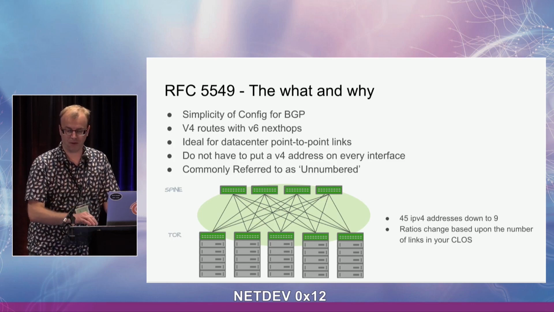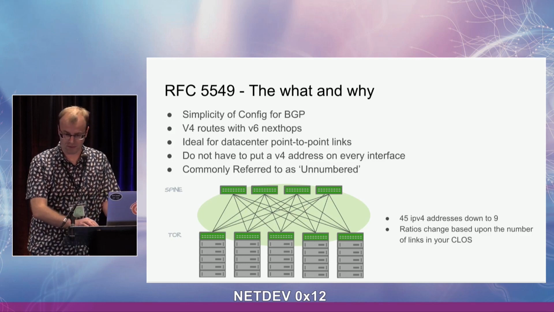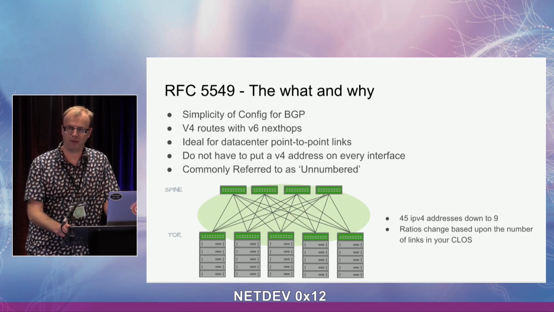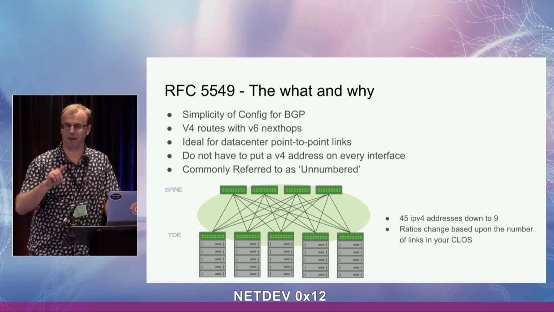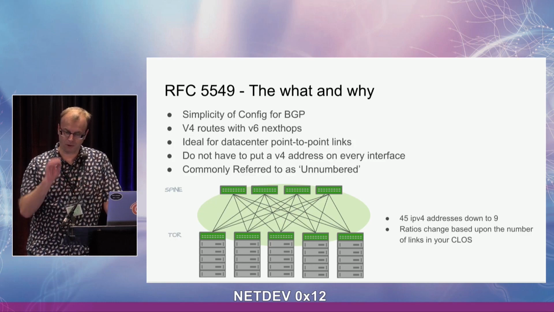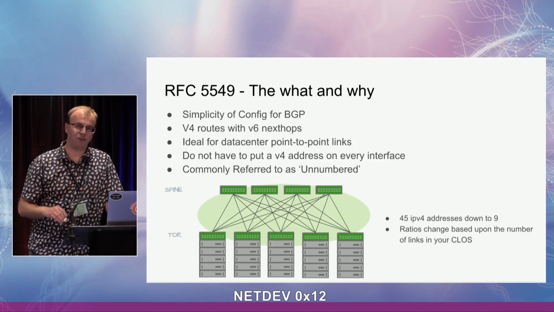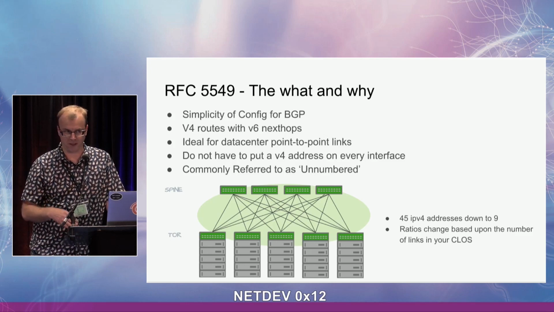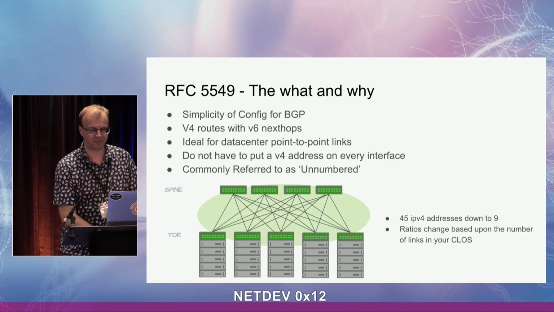And if I convert to using 5549, I can reduce the address space to 9 IP addresses. In this particular example, I just need 1 IP address for the loopback on each of the spines and one for each of the ToRs. Now, obviously, if you have a bigger data center, the ratios change based on how you've built out your Clos.